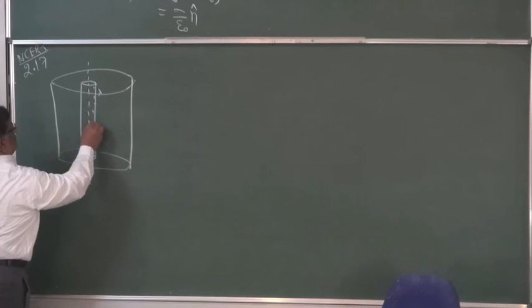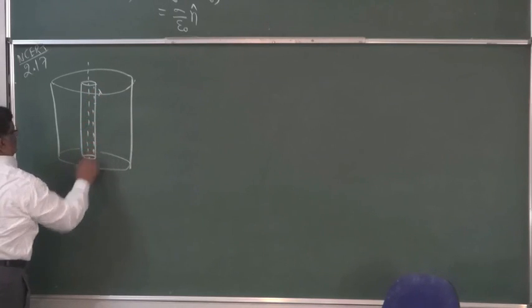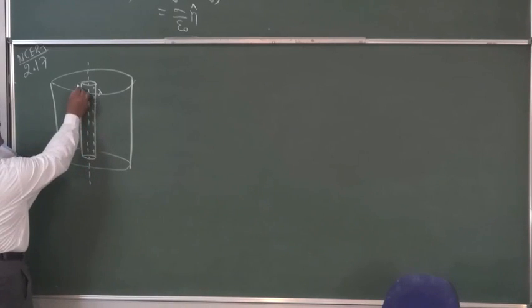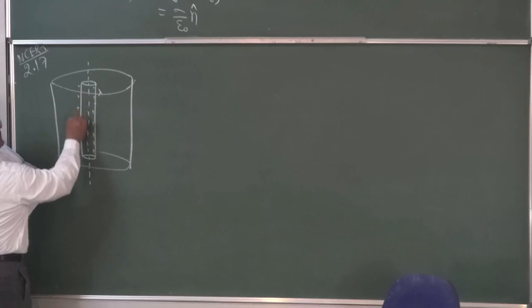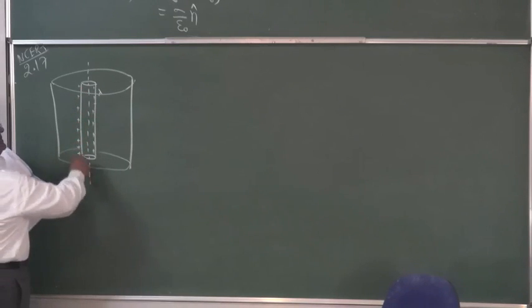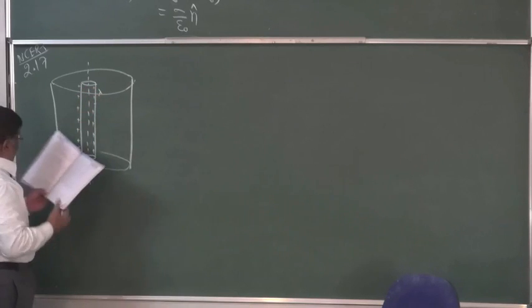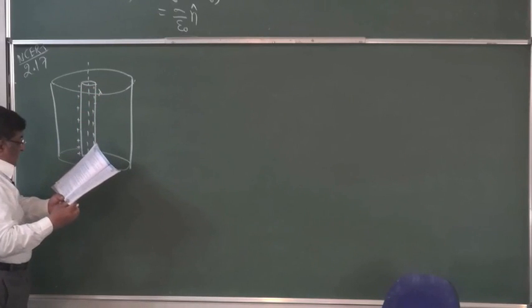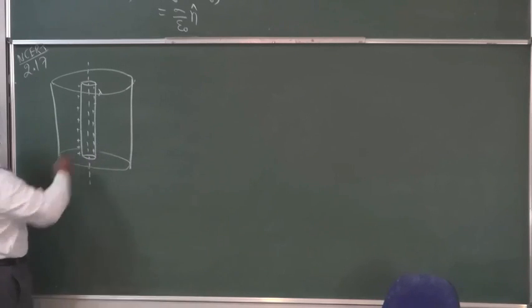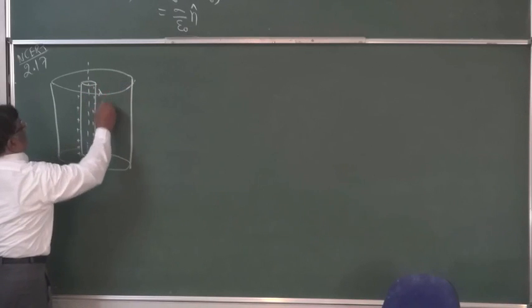Okay, it has got charges. The internal one has charge on it, and this charge is per unit length lambda. The question is, what is the electric field in the space between the two cylinders? Between the two cylinders, this is the space.